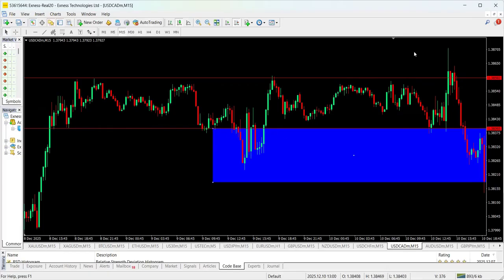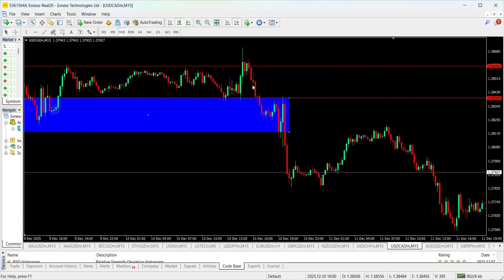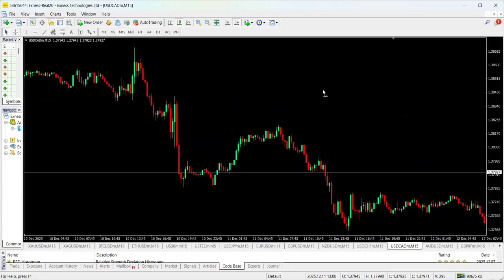Why? Because you know that sellers are weak above here, and this move is not sustainable. So if you add to your position, you see how aggressively this moved, right? Our strategy played out in this one. Let's look for another one.